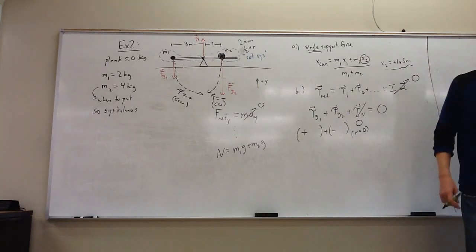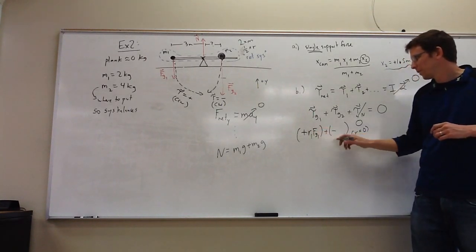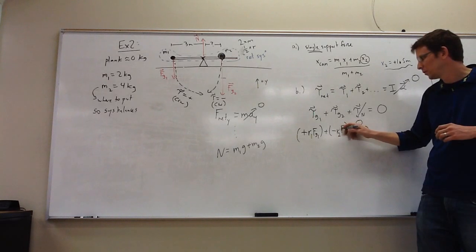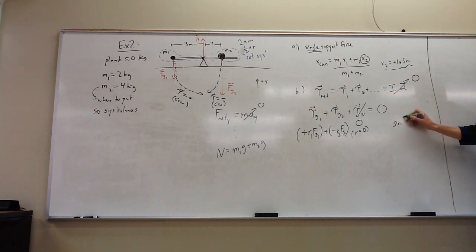The other thing, just to cut to the chase, these are both applied 90 degrees. Both of these forces are applied completely tangentially, right? So the sine of theta term goes to 1 for both of the first two torques, for torques gravity 1 and gravity 2.